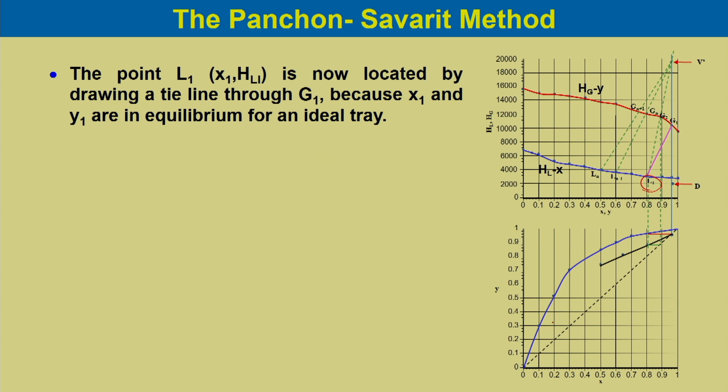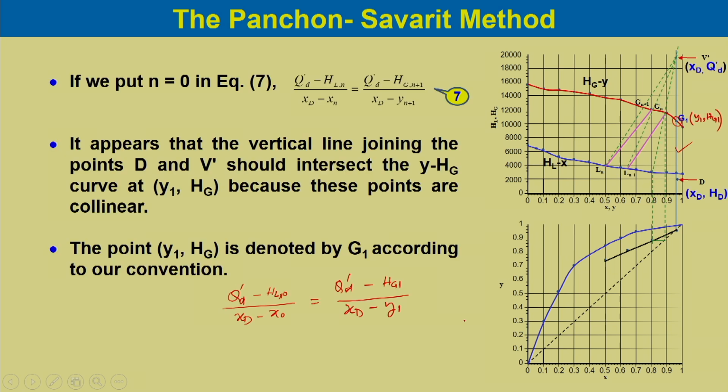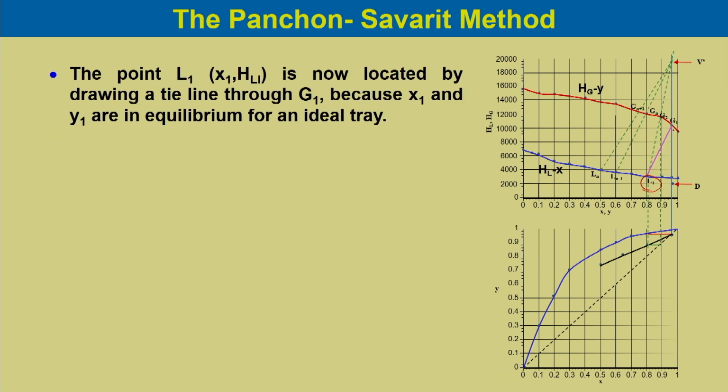If you have the equilibrium curve, from this G1 point you can come vertically to the 45-degree diagonal on the bottom xy curve and go horizontally, which meets the equilibrium curve. Then if you go vertically to the HL x curve, you will find L1. So joining G1 L1 gives your tie line.